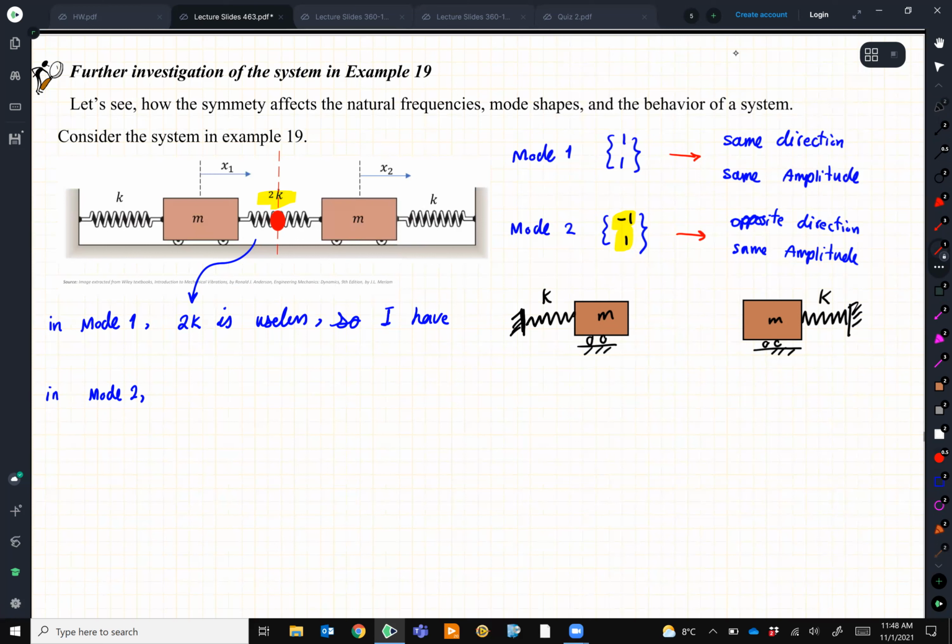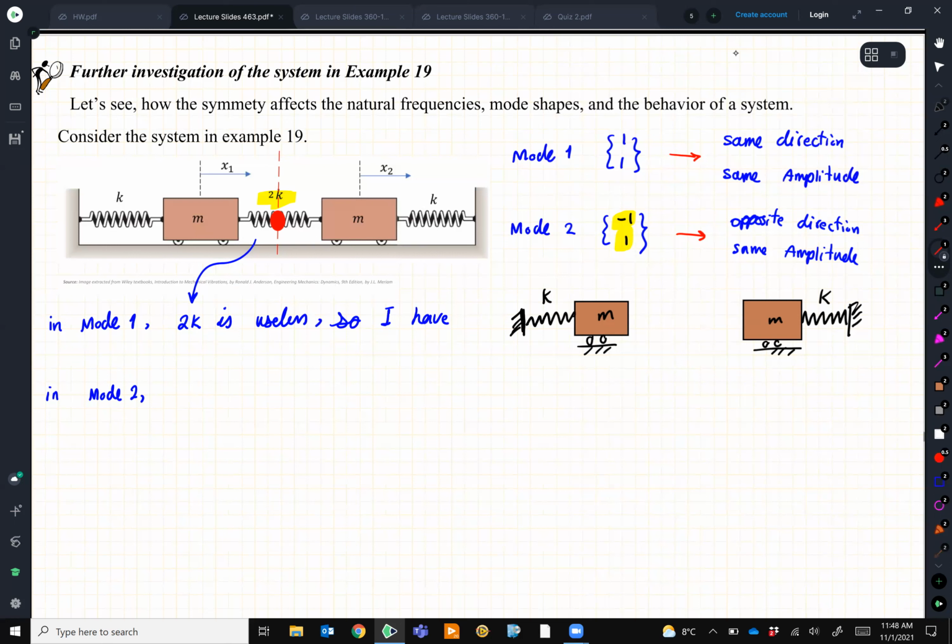These two, left and right, you set a camera, the point in the middle of that spring is not going to move to the left and right. So it means I can fix it to the ground, I can fix it to the wall, and my system will still be the same. So if I fix that point to the ground, it means the left and right systems behave independently. They're not affecting each other.